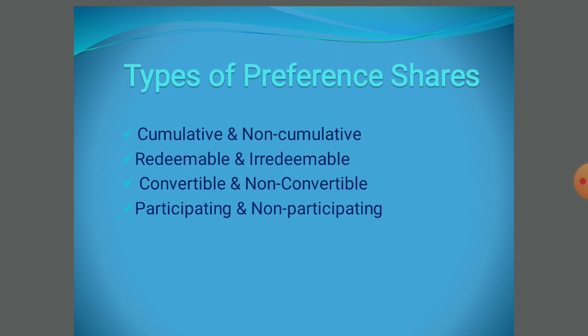That is, it forms a permanent source of capital. Next is convertible and non-convertible. Convertible preference shareholders have an option to convert preference shares in the form of equity, while non-convertible preference shares remain as preference shares till it is invested in the organization.